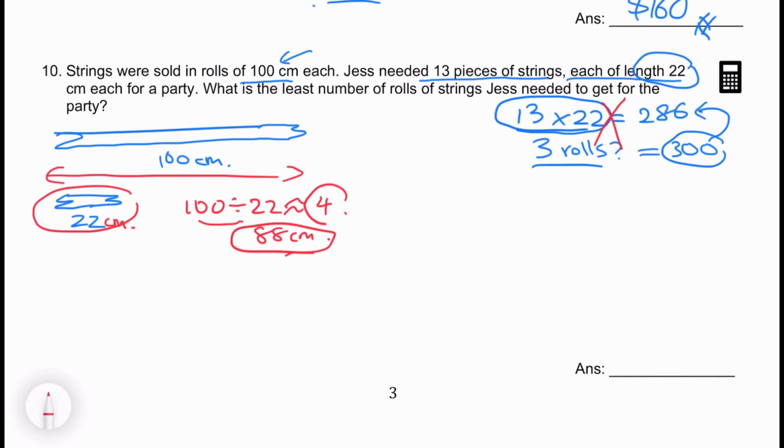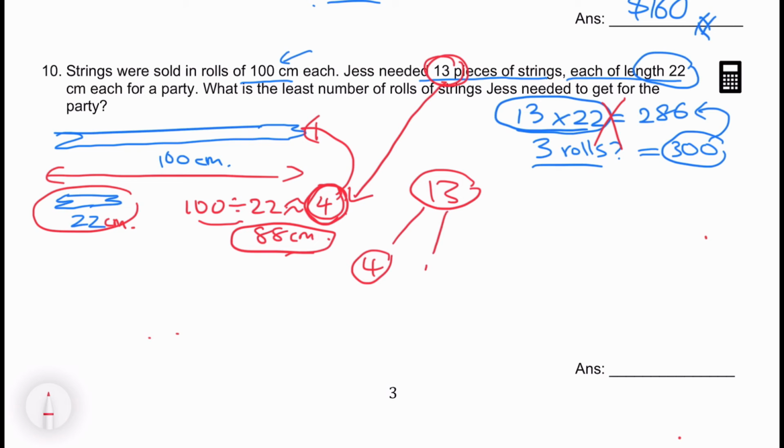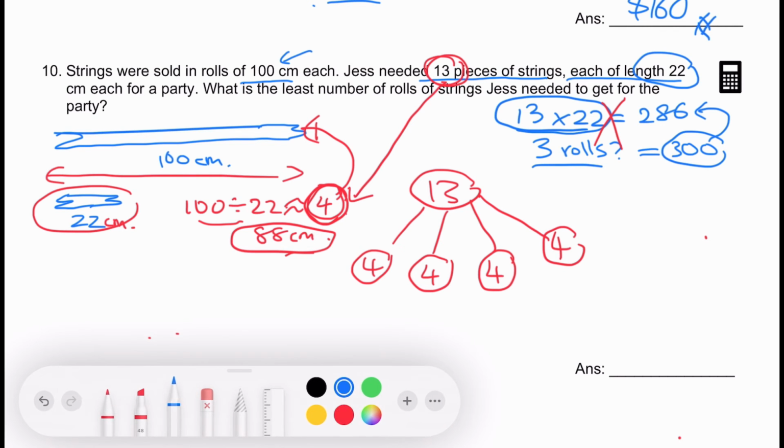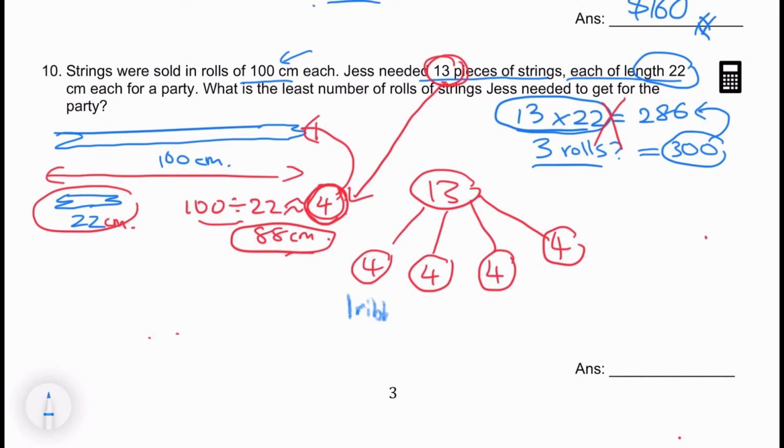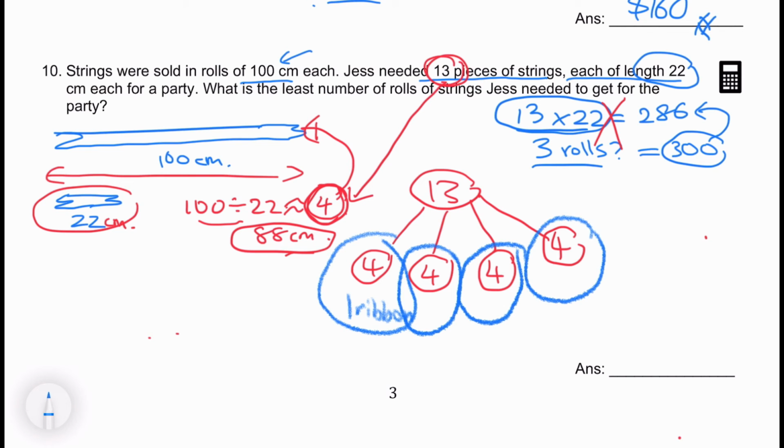Okay, so he needs 4 from that 100 centimeter. We just need how many of these 4 ribbons? 13. I can have 4, 4, and 4, and then another 4. So this 4 refers to one ribbon. One ribbon I can have 4, right? So 1 ribbon, 2 ribbon, 3 ribbon, and 4 ribbons. The answer is 4 ribbon.